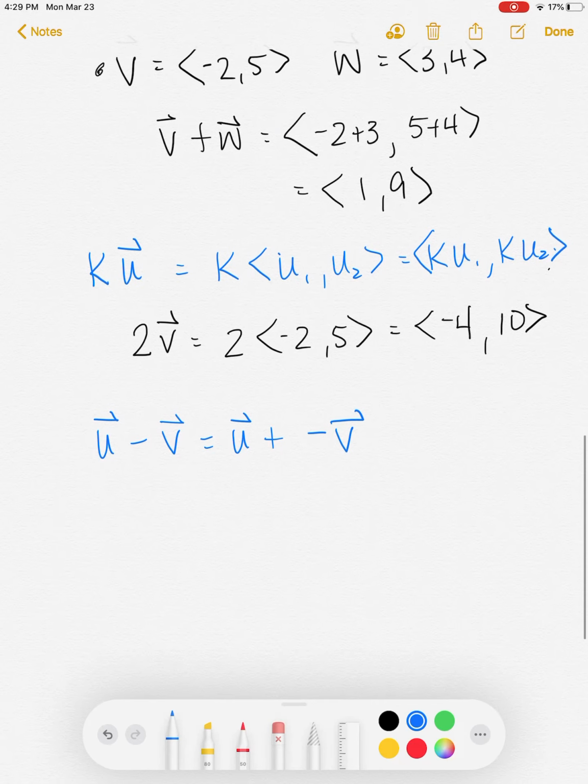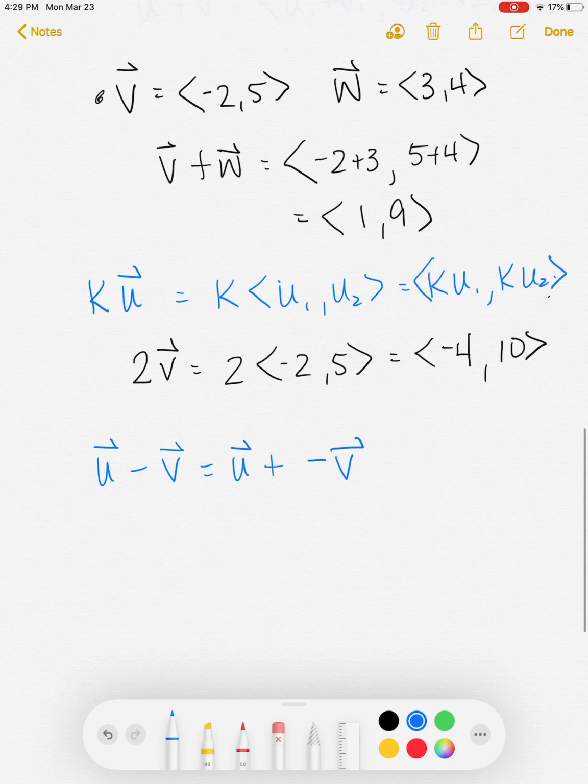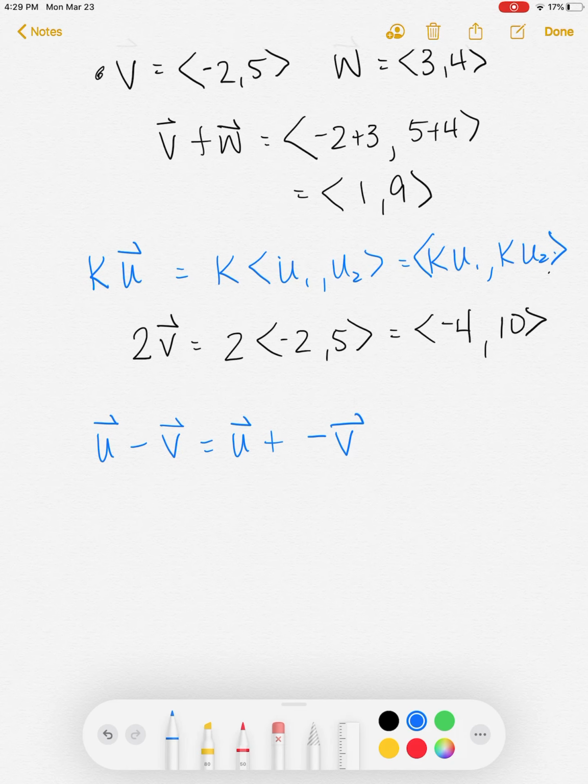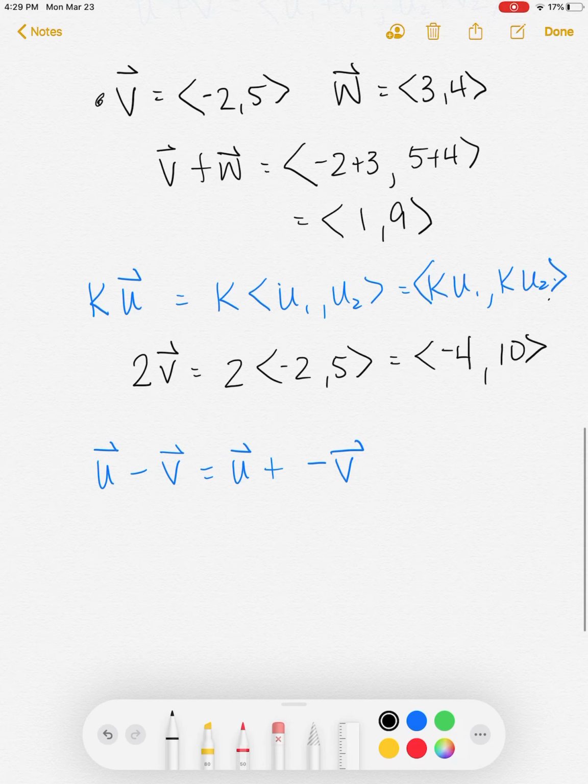So let's just say we wanted to take w from up above. We wanted to say vector w minus vector v. That would be w we said was 3, 4, and v was negative 2, 5.